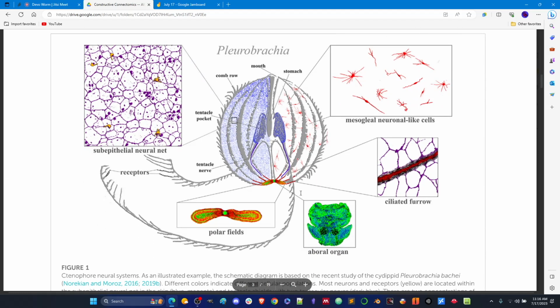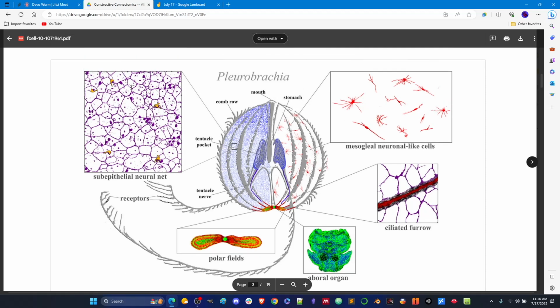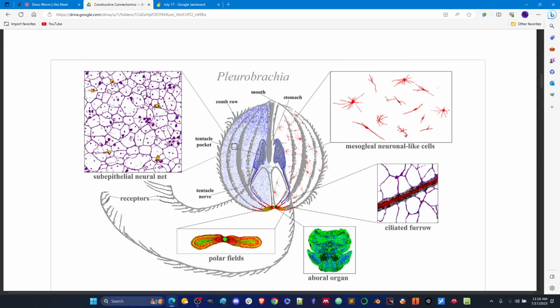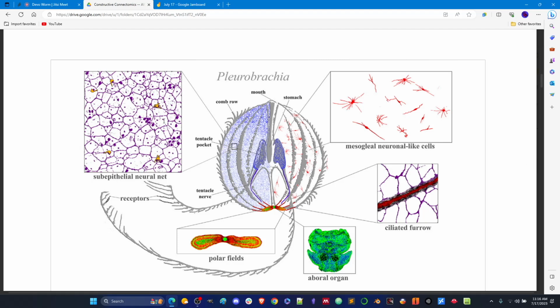And so this is actually an example from Pleurobrachia, where you have the subepithelial neural net. So you have these cells in the subepithelium. It's a network, and so it's not really like a centralized nervous system. It's distributed throughout the body of the organism, and it's integrated into the epithelium. So it's underneath the epithelial layer, but it's all throughout the epithelial layer.